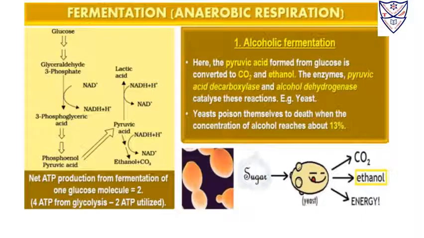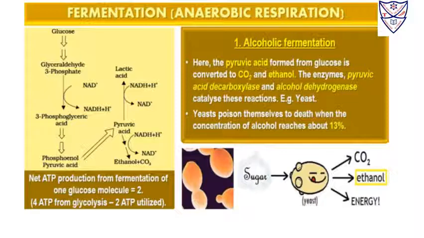Here, the pyruvic acid formed from glucose is converted to ethanol, right? And carbon dioxide is released. So the enzymes pyruvic acid decarboxylase and alcohol dehydrogenase catalyze these reactions. This occurs in organisms like yeast, right?